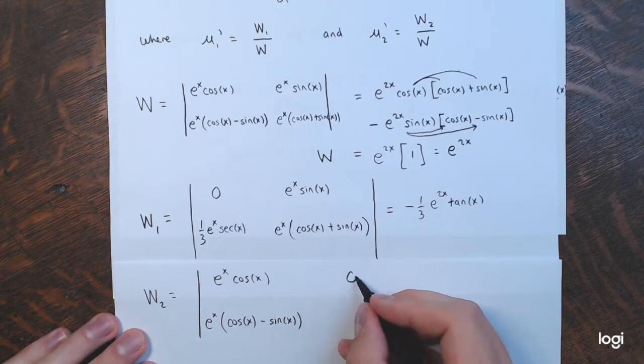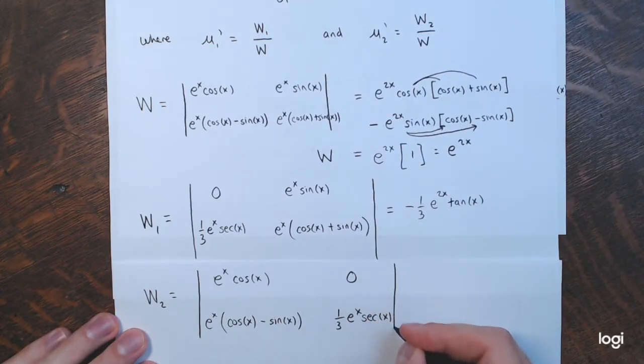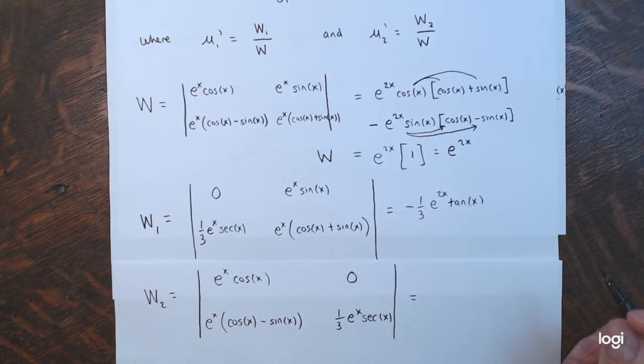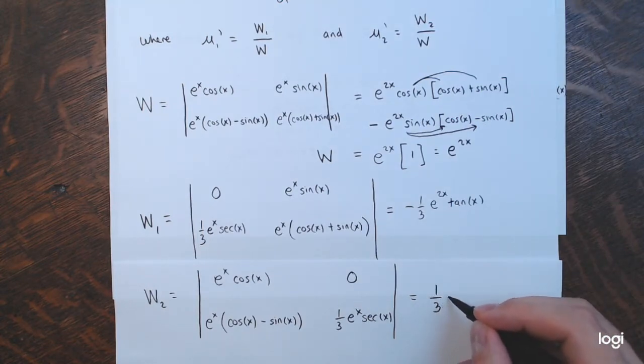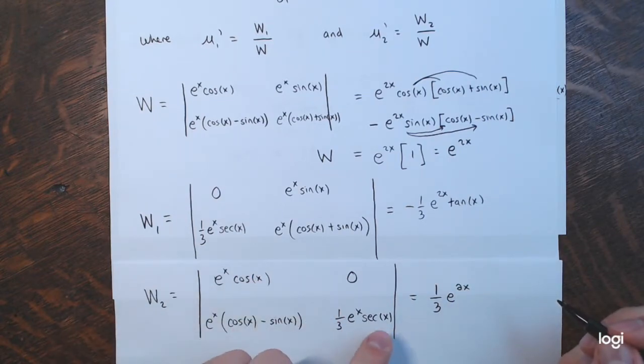And then 0, f of x, 1/3 e to the x secant x. And doing this determinant, we'd have 1/3 e to the 2x minus 0. So just 1/3 e to the 2x, right? Because cosine times secant is 1.